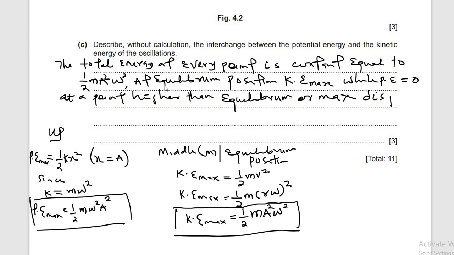Okay, yeah, or maximum displacement. Potential energy at that point is maximum. Why? Kinetic energy at that point is zero. This is what the question wants to talk about.